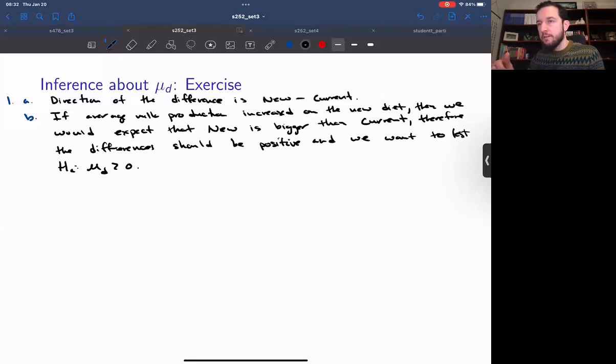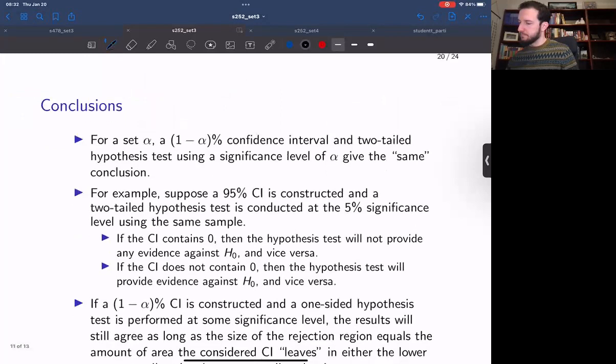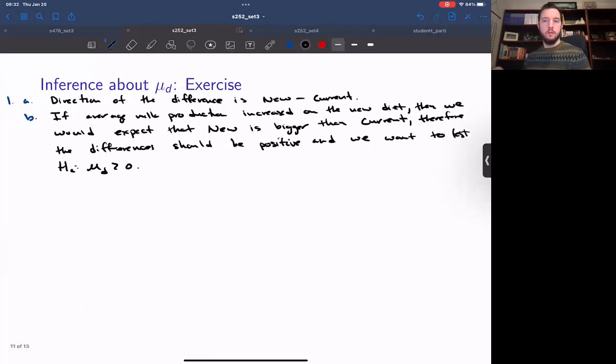Since our difference is new minus current, we would expect that those differences are greater than 0, because the expectation is that new is bigger than current. So therefore, we are going to run a test HA: mu D greater than 0, right? Does that make sense? Any questions?